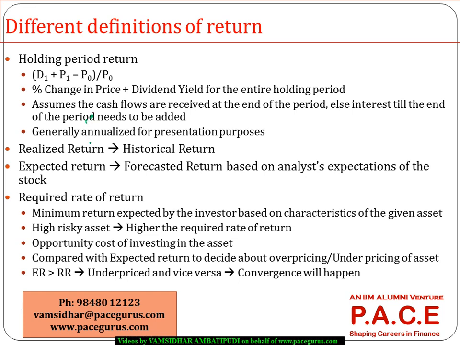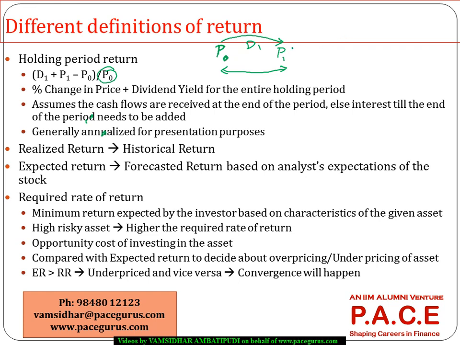So let's say I have purchased a security long back at some P0, and today the price of it has become P1. I don't know how much time has passed between this and this. Some time back I have purchased the security at P0. Today the price of it is P1, but in the meanwhile this security has given me some kind of benefits, and let's say that benefit during this period is D1.